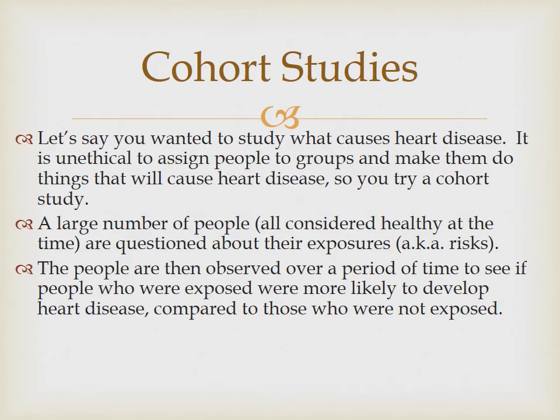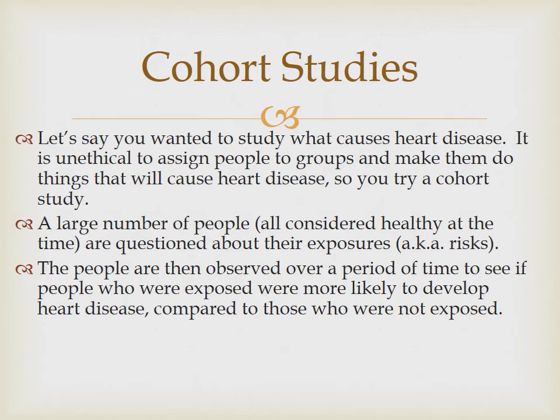So what that means is, after a long period of time, this group sort of starts to sort itself out. And you end up with a group of people who now have heart disease and a group of people who don't. And then you can kind of look backwards with that group and say, okay, among the people who got heart disease, what do they have in common? Among the people who didn't get heart disease, what do they have in common?